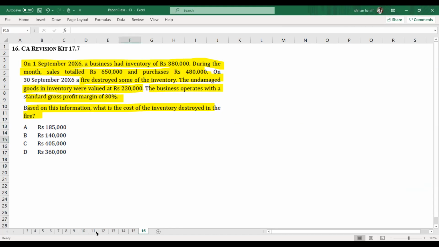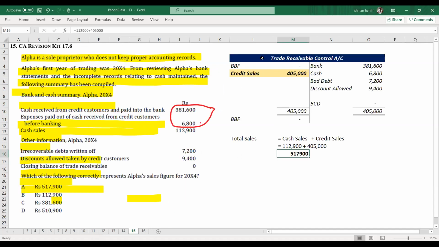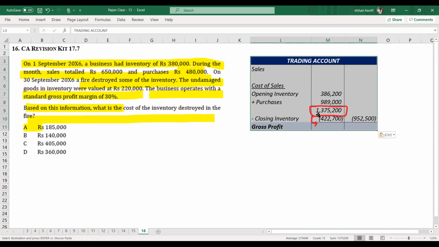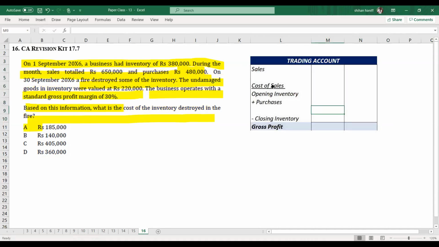Let's prepare a trading account. On 1st of September, inventory was 380,000. During the month, sales total 650. Purchases 480.